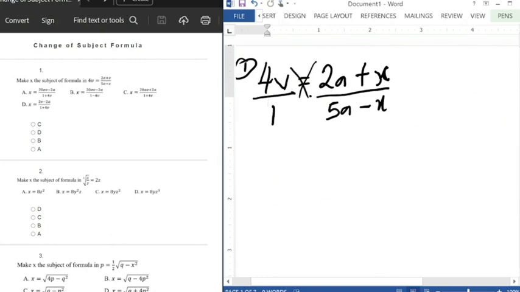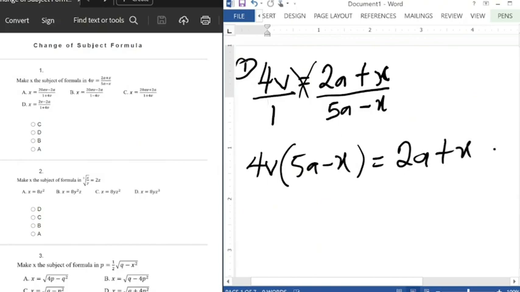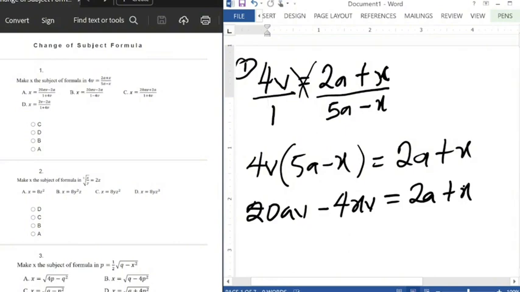So when we cross multiply, it means 4v multiplied by (5a minus x) equals 1 multiplied by (2a plus x). So we can then multiply this out. That gives us 4 times 5, which is 20av, minus 4xv equals 2a plus x. What we're looking for is x, so we bring the terms with x together.